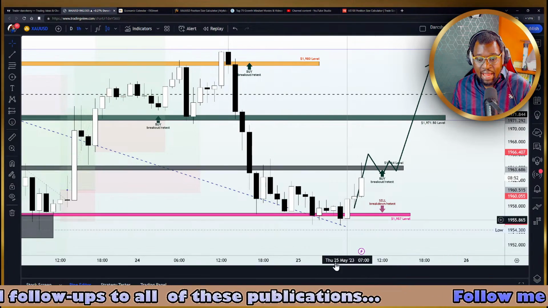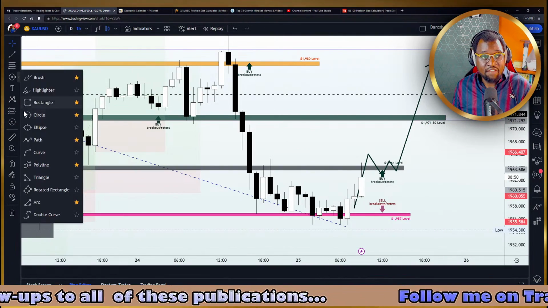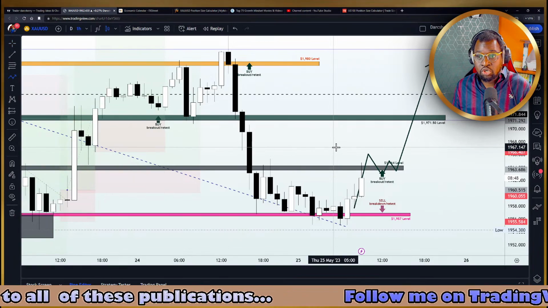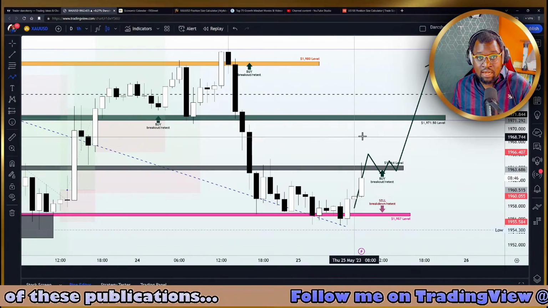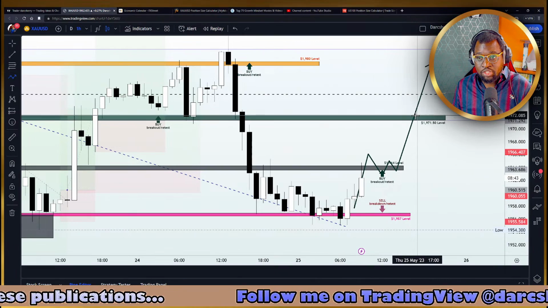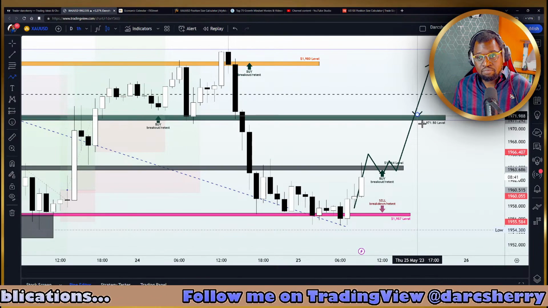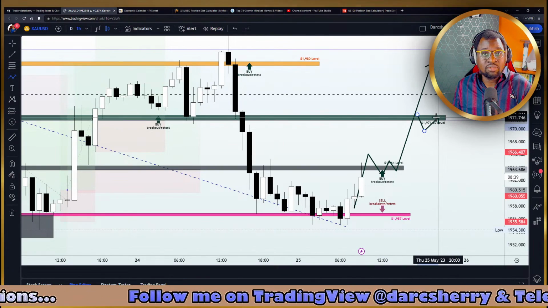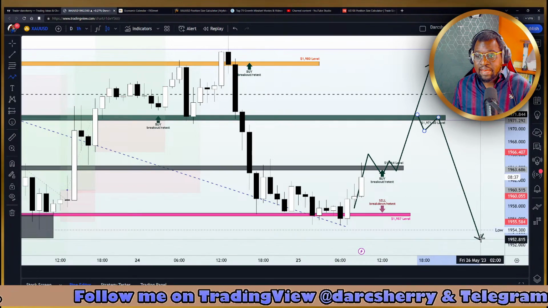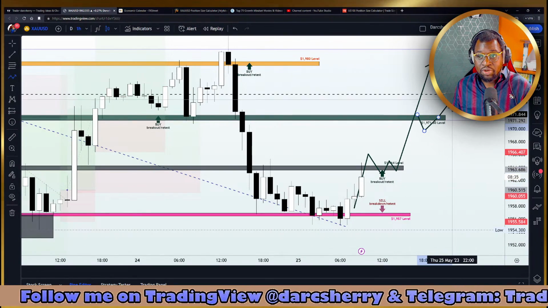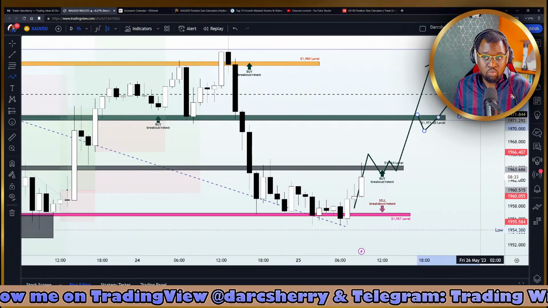So depending on what happens there will now determine if we are going to be adding more buy position or getting ready for another sell momentum. So if we start seeing rejection of this level, then we want to get ready to sell. And if price action breaks out, retest, then we look out for more opportunities to buy.